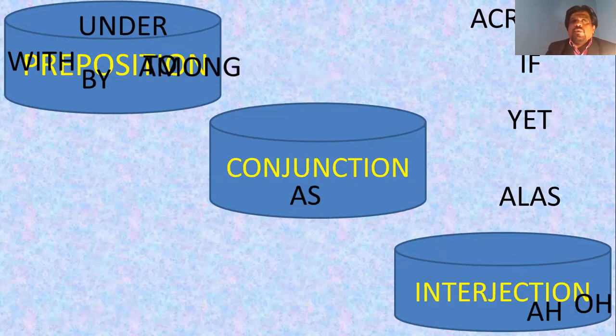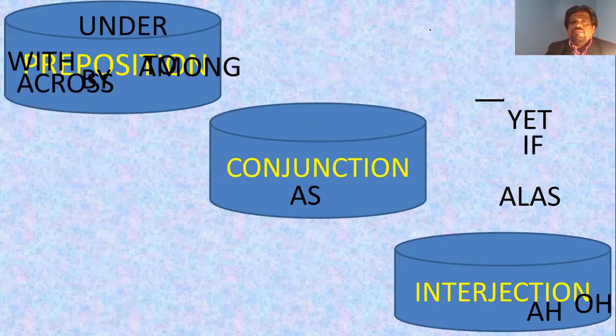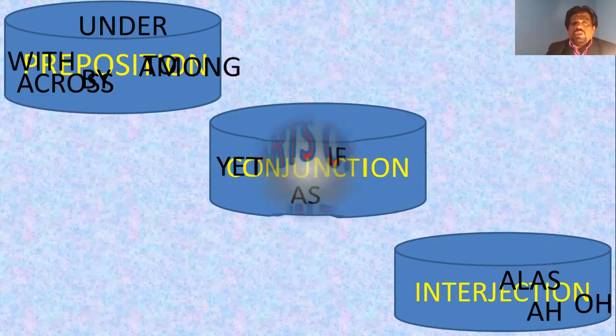To is a preposition. Across is also a preposition. And if is a conjunction. Yet is a conjunction when it is used to join. There are occasions where we could use it as a preposition as well. And then alas is an emotion expressing word, therefore it is an interjection.